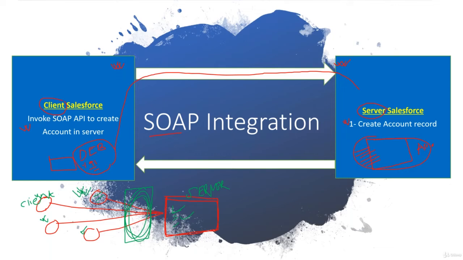Now I understood this part is my server, this part is my client. I'll show you this example with Salesforce to Salesforce so that you will understand the complete cycle of how it happens. Let's consider these clients are with some other Salesforce applications. They are also using Salesforce.